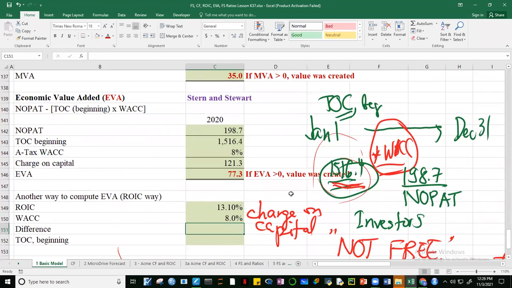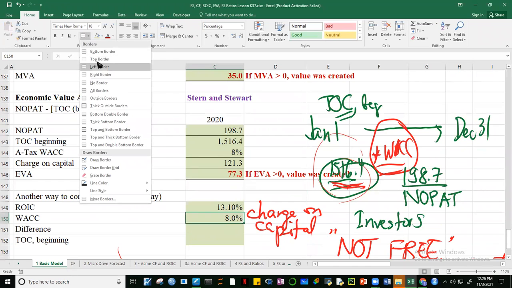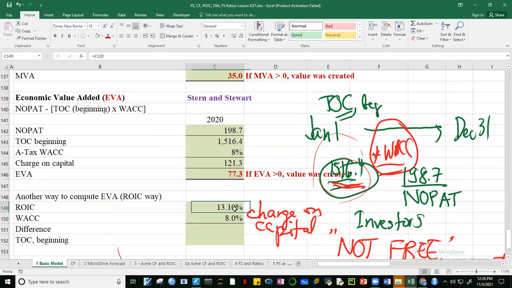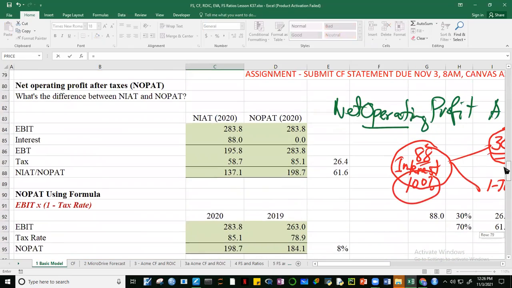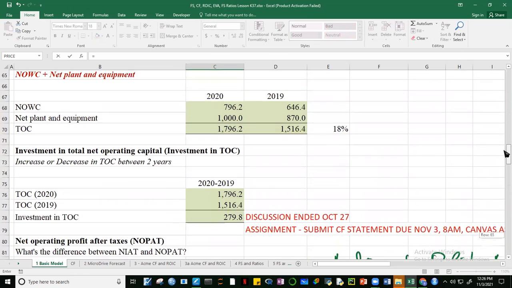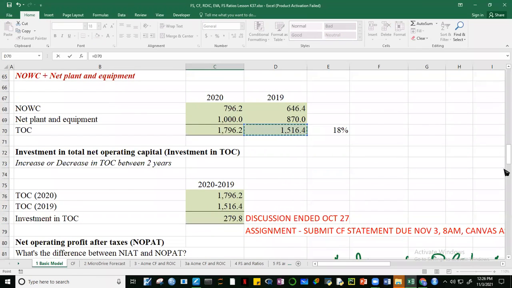So based on this, guys, we know that value was created, because our ROIC is greater than the WACC. So we get the difference. This is the increment, the difference between your ROIC and your WACC. And then we know that the beginning capital provided to management was 16.4.